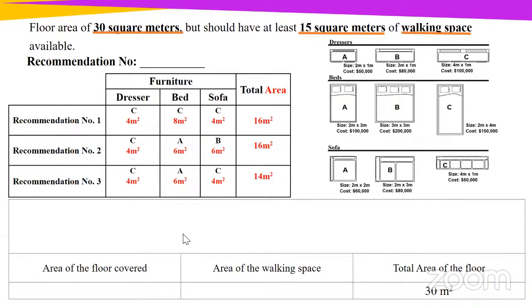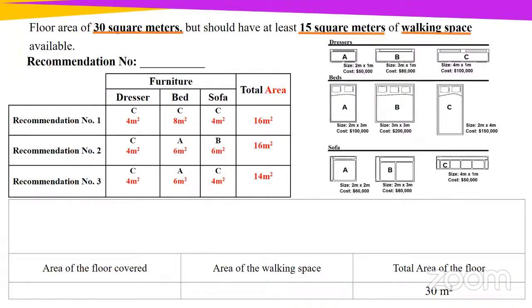All right, let's go over to Ramisha Woodhouse. What would we need to do to find the area of the walking space? Ramisha Woodhouse, would you like to speak? I'm going to unmute you. What do we need to do to find the area of the walking space?